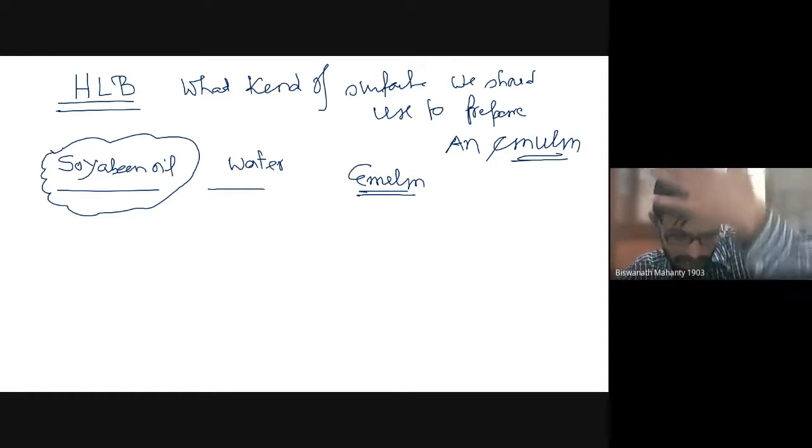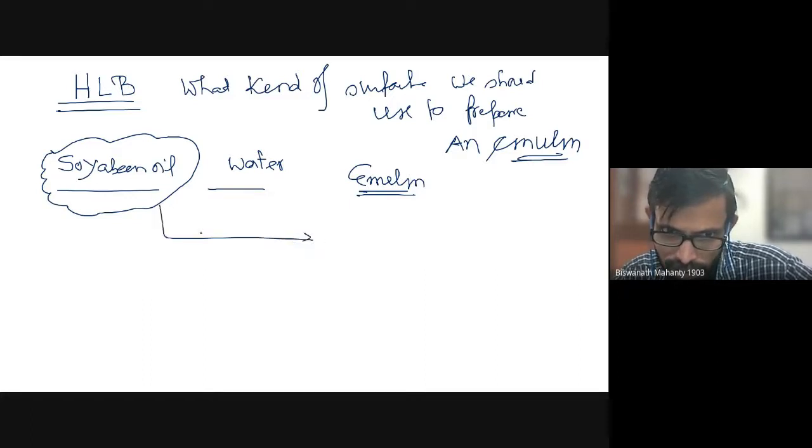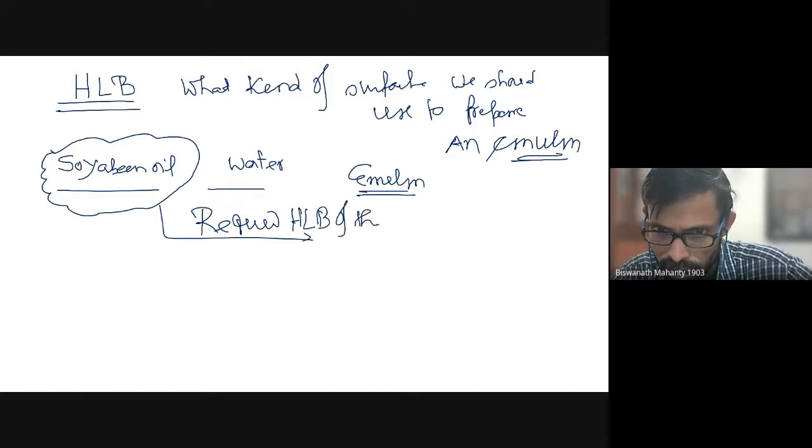People have already created a table of what the requirement of soybean oil is, what kind of emulsifier it needs, or I'll simply say, what is the required HLB of this oil to form an emulsion.